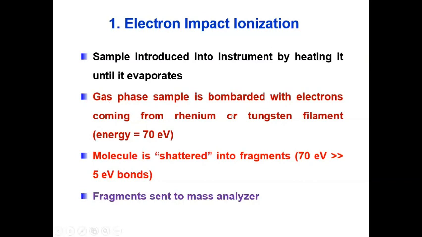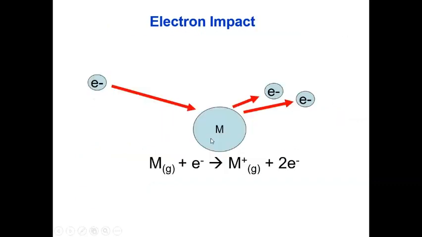Generally, if we heat a rhenium or tungsten filament electrically, there is a release of electrons from its surface, having energy of 70 electron volt, and that energy of the electron is used to ionize the molecules from a sample.